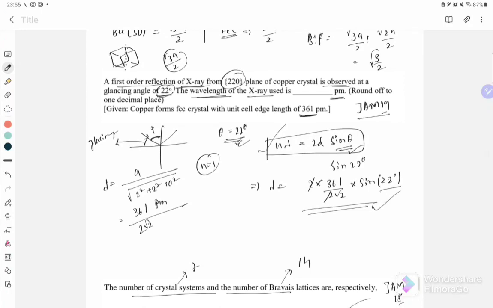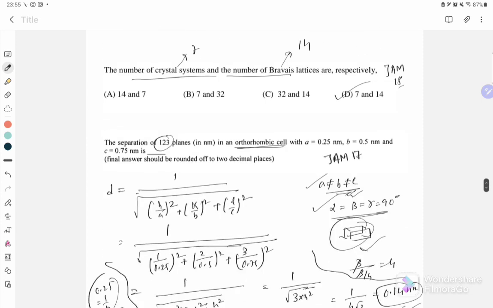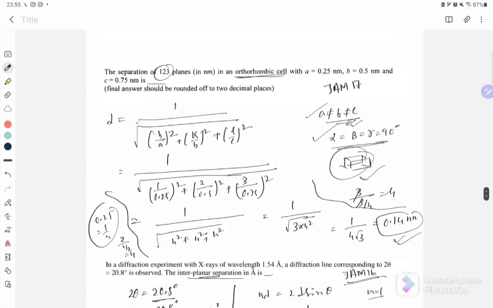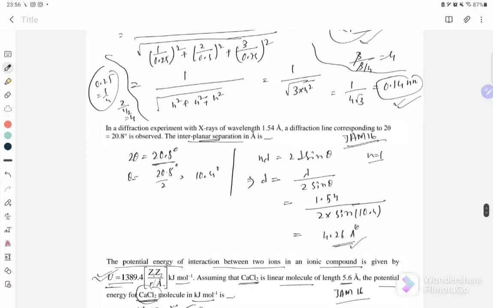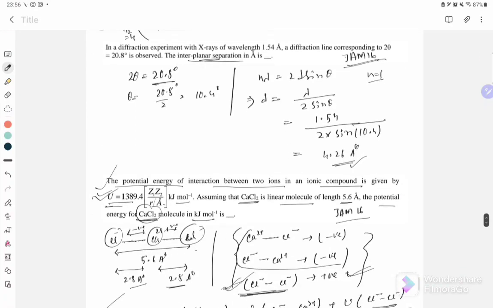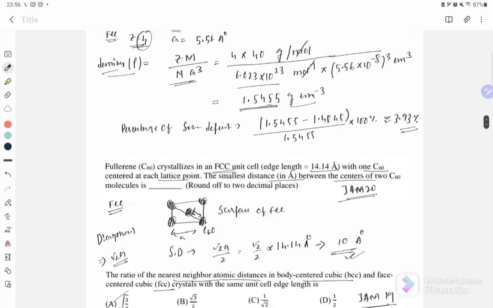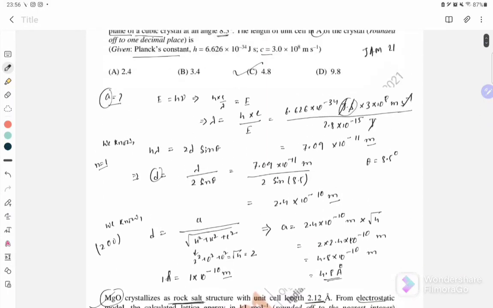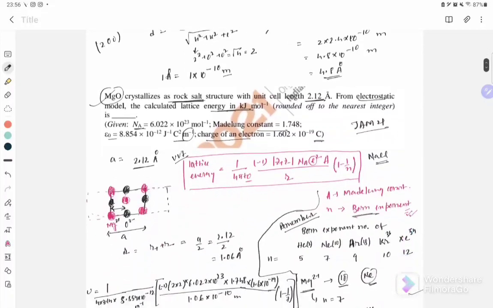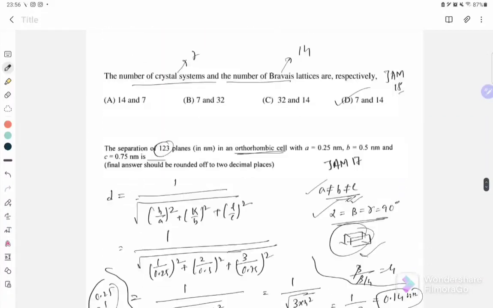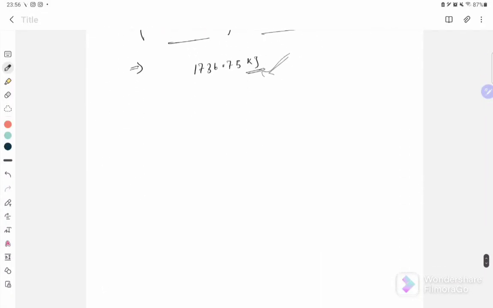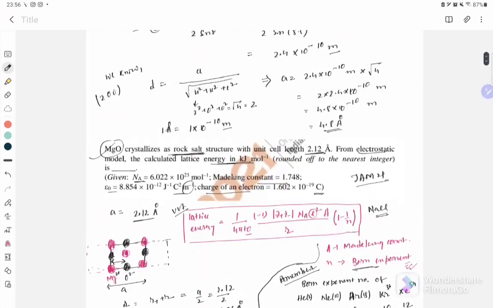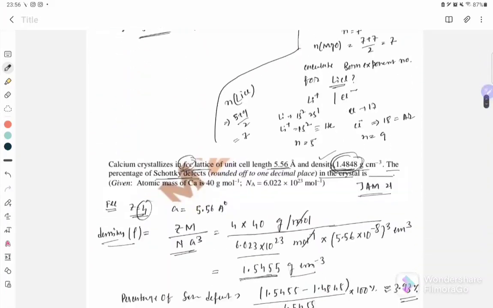X-ray diffraction is a very important topic from the JAM perspective, and lattice energy calculations are sometimes given. Nothing difficult, you can easily do it. You just have to remember some equations.